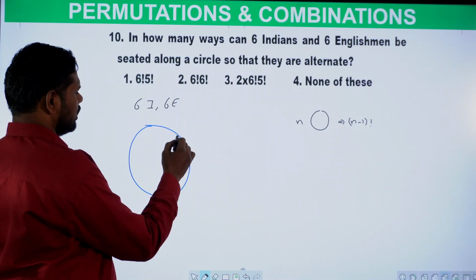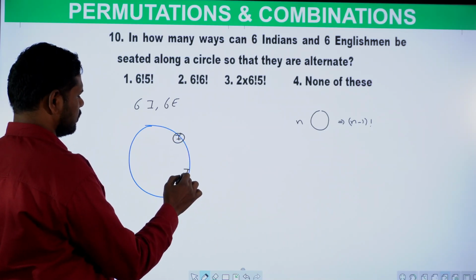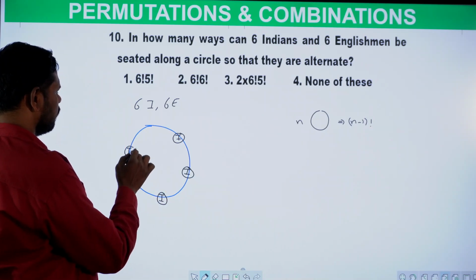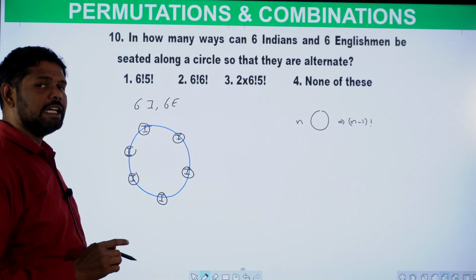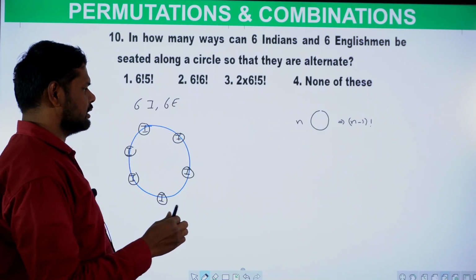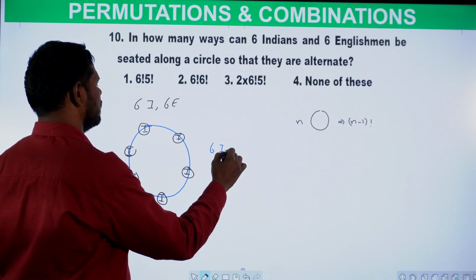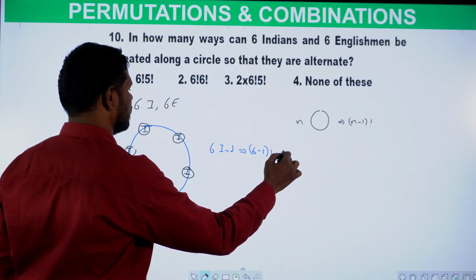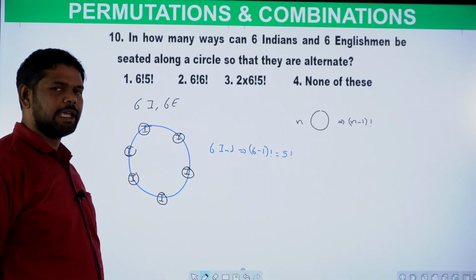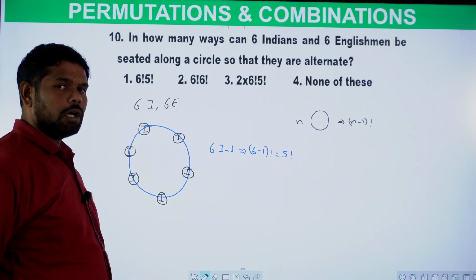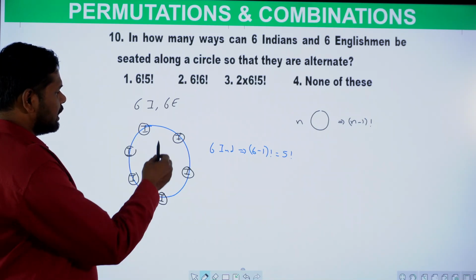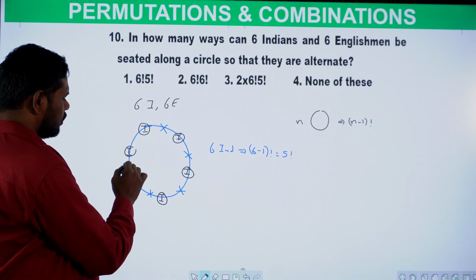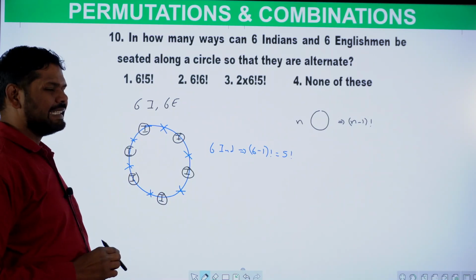Suppose I arrange the 6 Indians in a circle, in how many ways? 6 minus 1 factorial, nothing but 5 factorial ways I can arrange the 6 Indians. Now, how many gaps are there? Observe, 1, 2, 3, 4, 5, 6. 6 gaps are there.